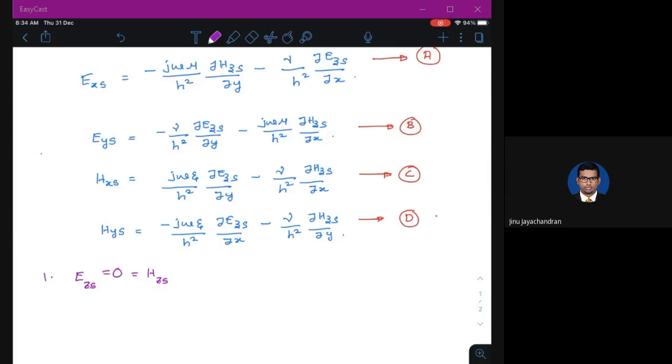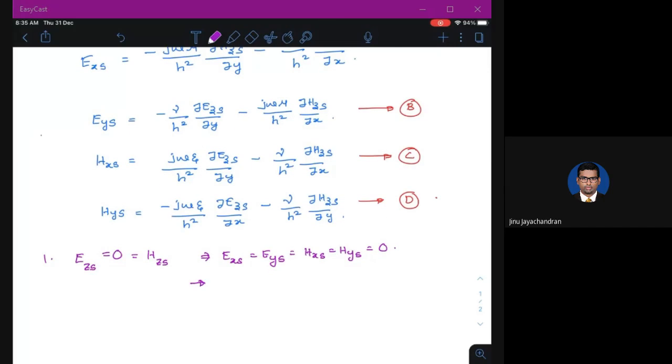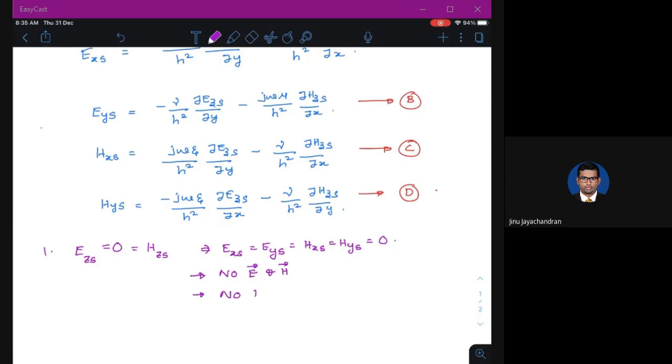If that is the case, if you substitute this in these equations A, B, C, D, you can see that all the values of Exs, Eys, Hxs, Hys are 0, which means there is no electric and magnetic fields, which means there is no electromagnetic wave inside the waveguide.